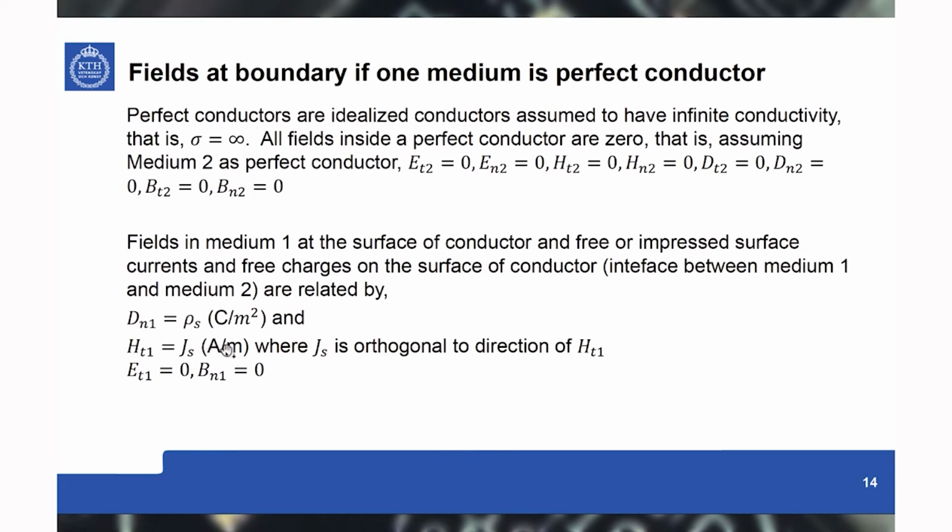So these are the impressed current densities, where Js, the current density, is orthogonal to the direction of H. And the tangential component of the E field and the normal component of the magnetic field are always zero, whether there is a free charge or free current on the surface.